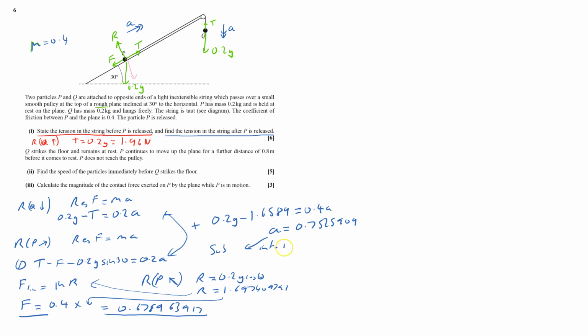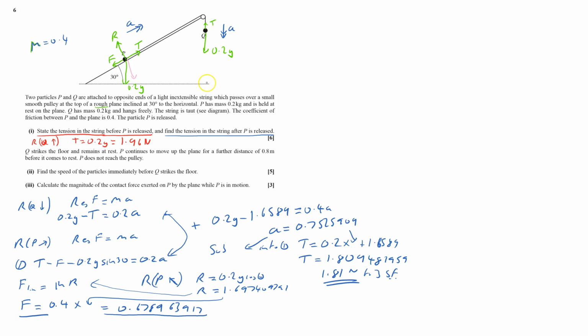Let's call it equation 1, and that tells me that T equals 0.2 times the acceleration plus 1.6589, so T equals 1.809481959, or 1.81 newtons to 3 significant figures.